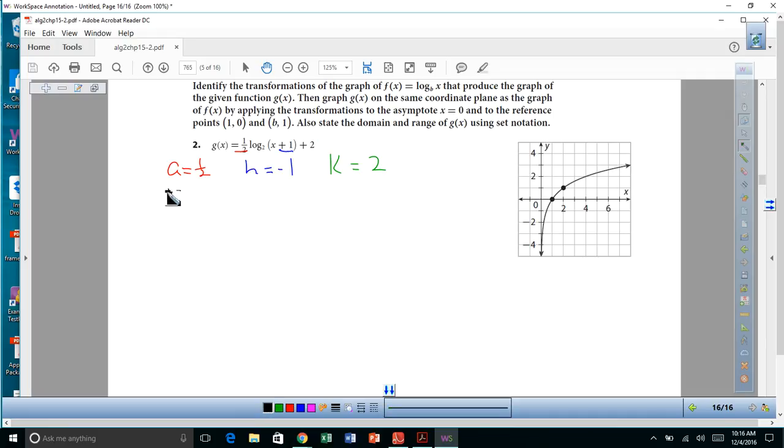The transformation. So we're going to have a vertical compression by a factor of 1/2.